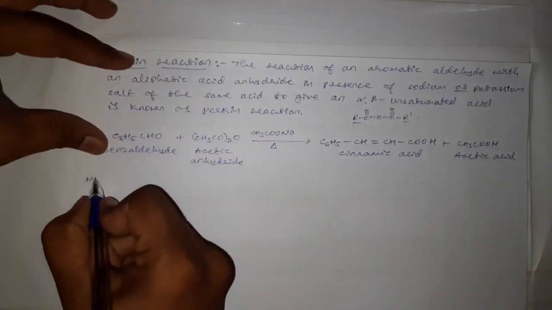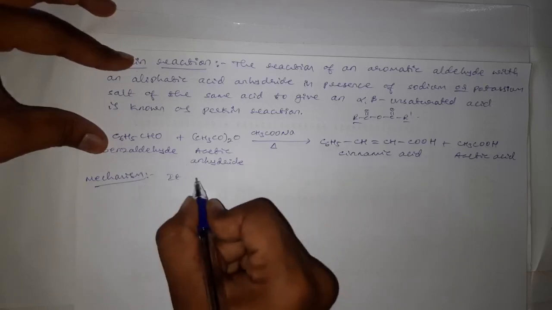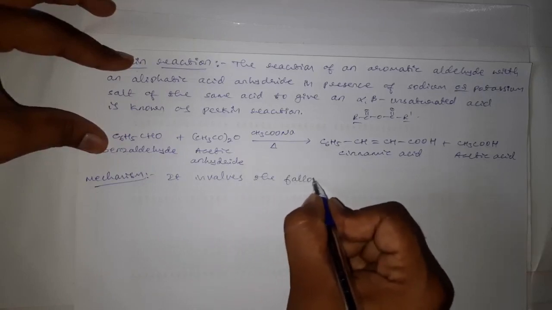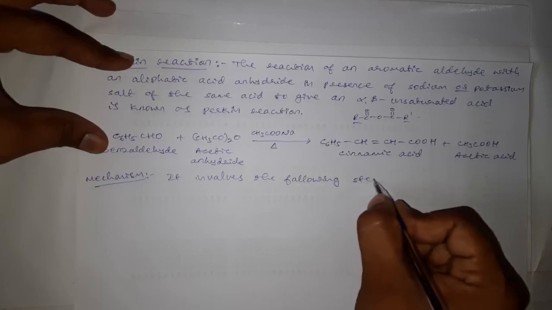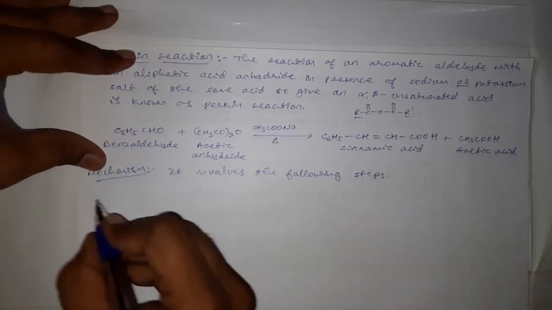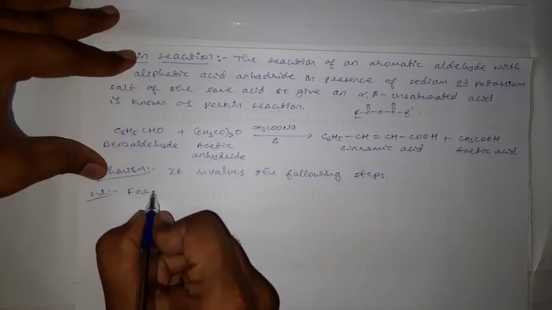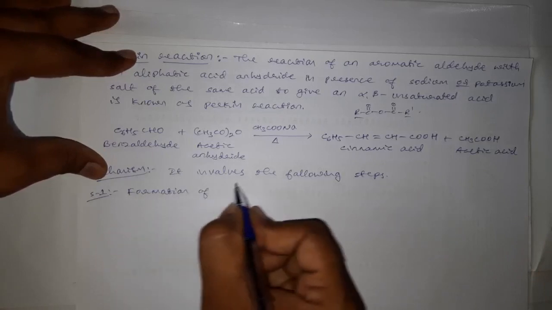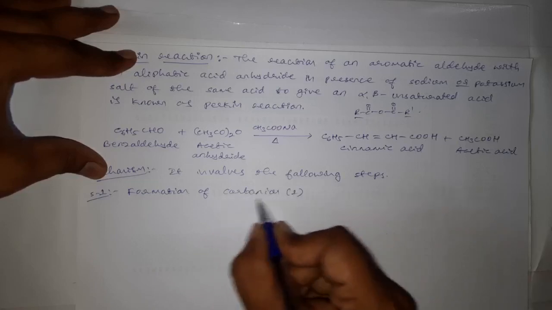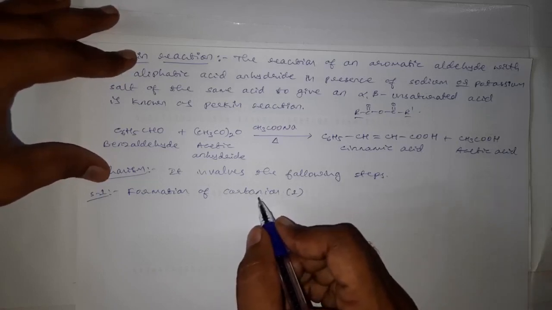And coming to the mechanism, the reaction mechanism for Perkin reaction involves the following steps. Step number 1 is formation of carbanion 1. Carbanion means the carbon with a negative charge.